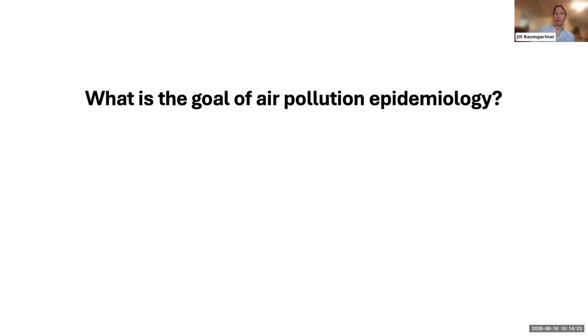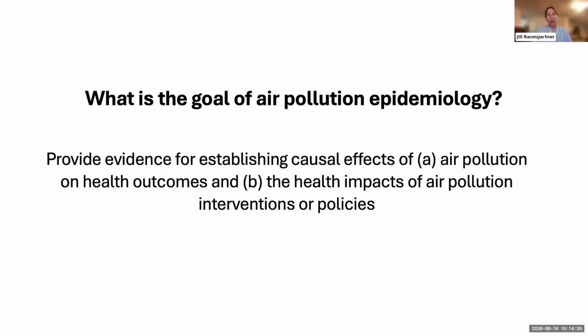So what's the goal of air pollution epidemiology? What are we actually trying to accomplish with this? Really, there are two things. We want to provide evidence for establishing causal effects of air pollution on health outcomes. And the second piece is that we want to understand the health impacts of air pollution interventions or policies.